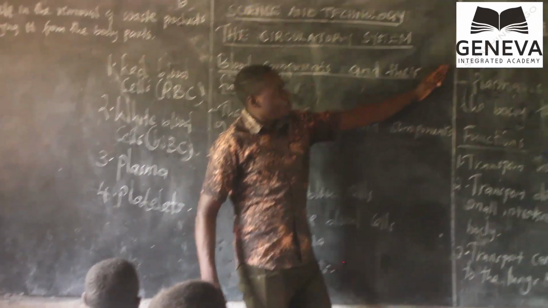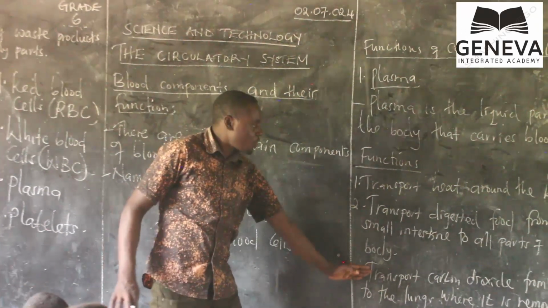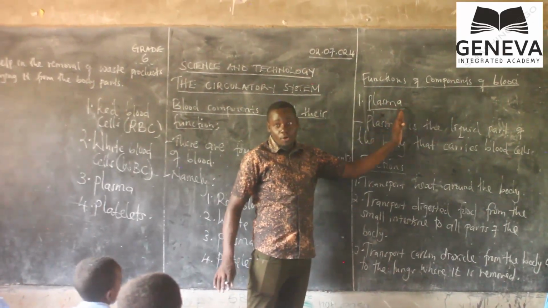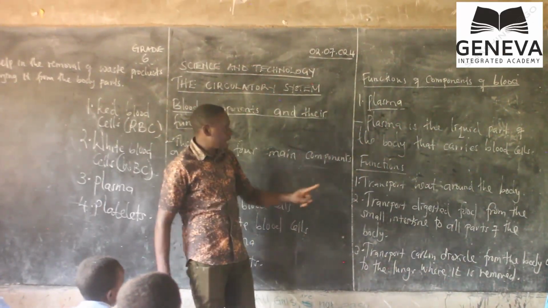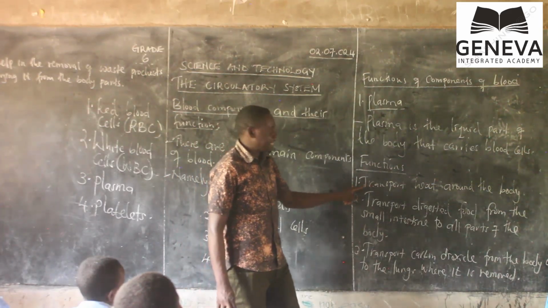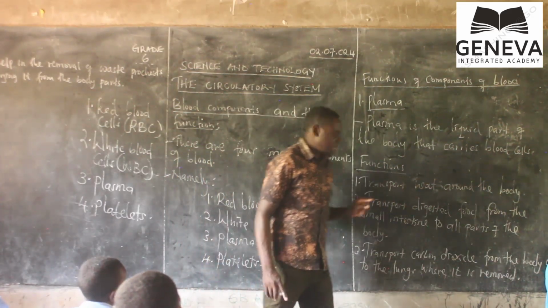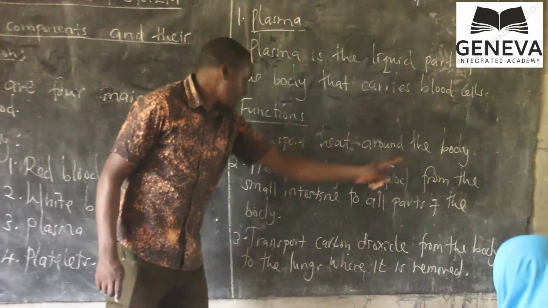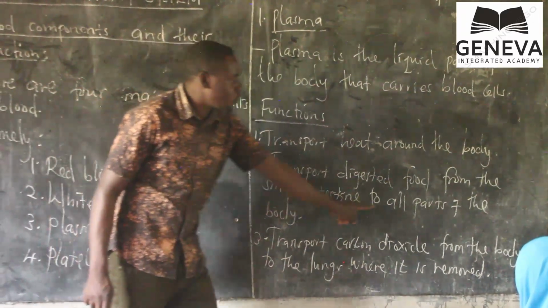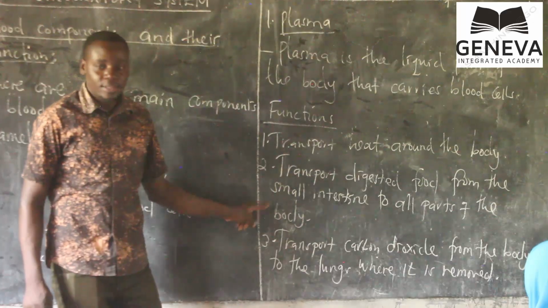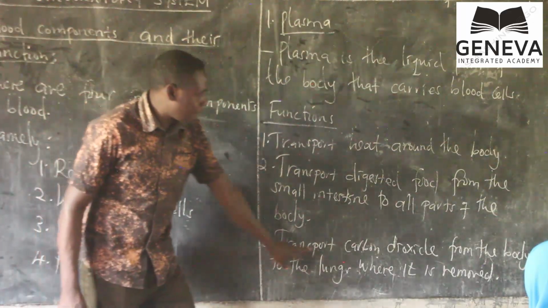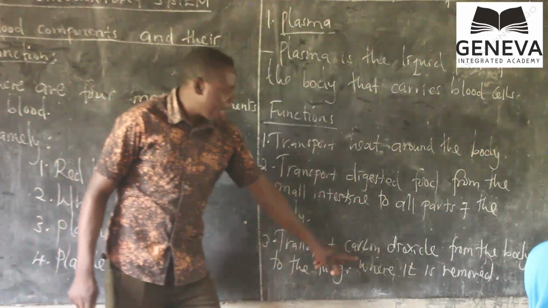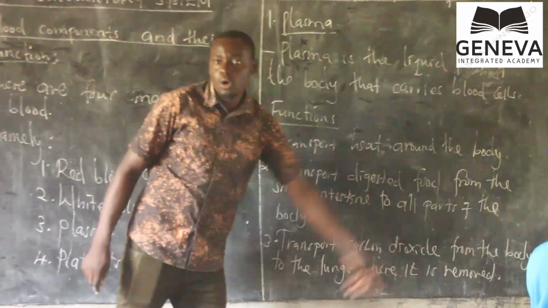Now, these are the functions of the plasma. One, transport heat around the body. Number 2, transport digested food from the small intestine to all parts of the body. Number 3, transport carbon dioxide from the body cells to the lungs where it is removed.